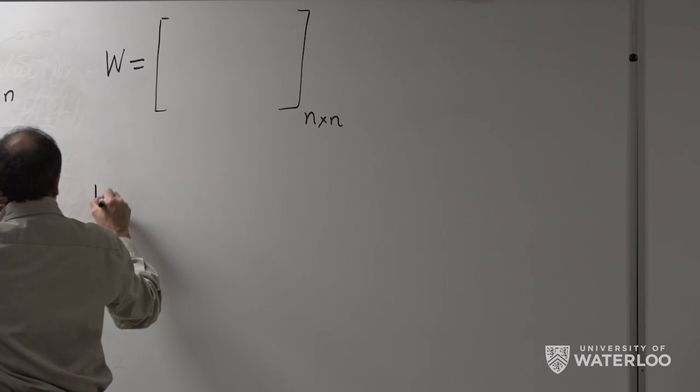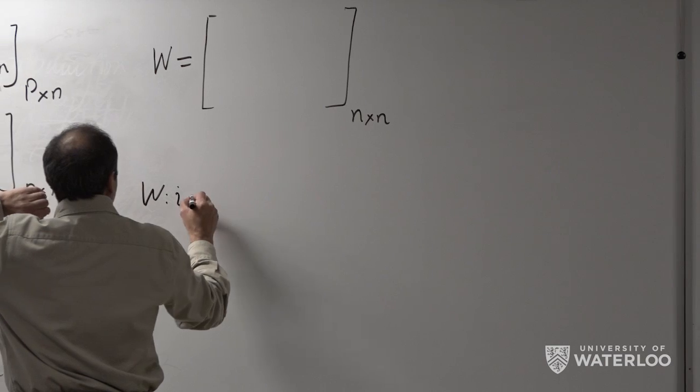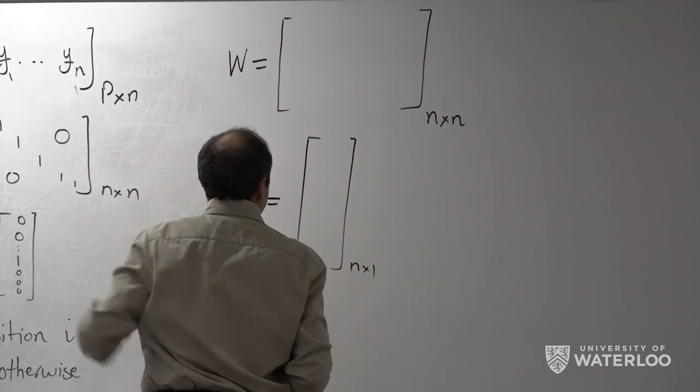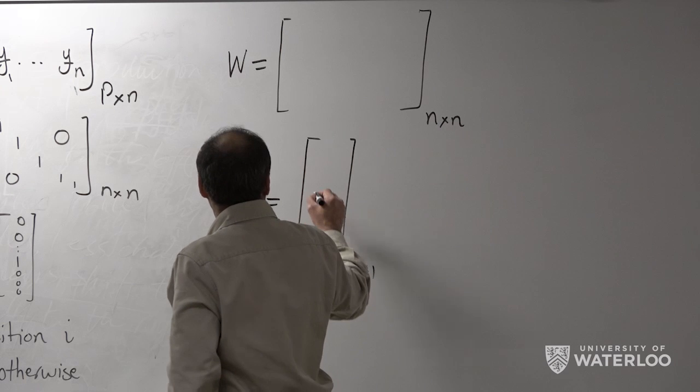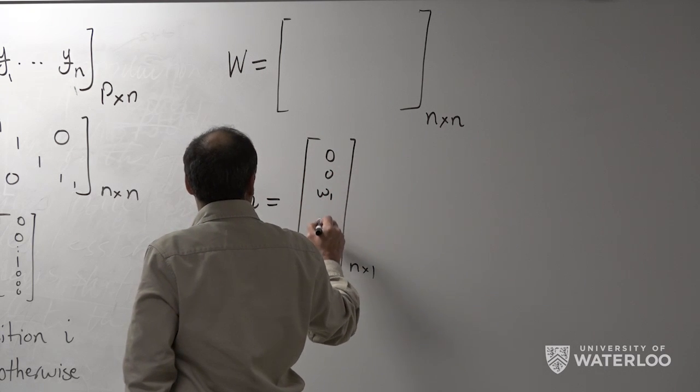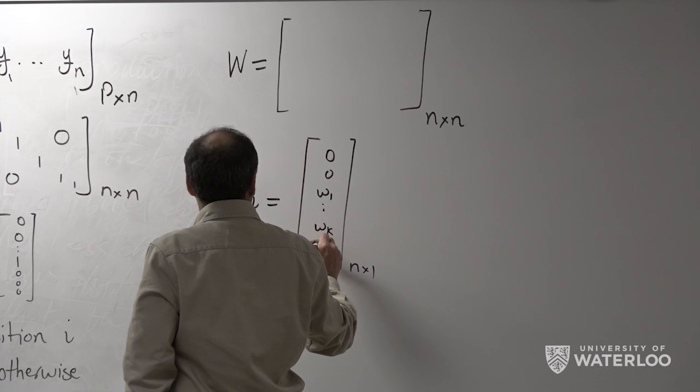So I can define a column of W as an n by 1 vector such that it is 0 everywhere except W1 to WK.